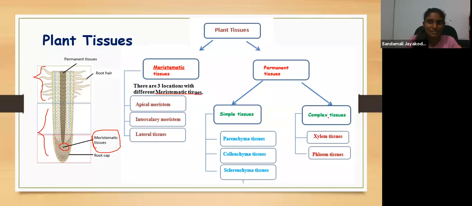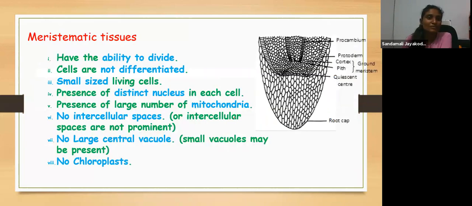There are two types of complex tissues too: xylem tissues and phloem tissues. So this is the normal categorization of plant tissues. Then we are moving to learn about meristematic tissues first.